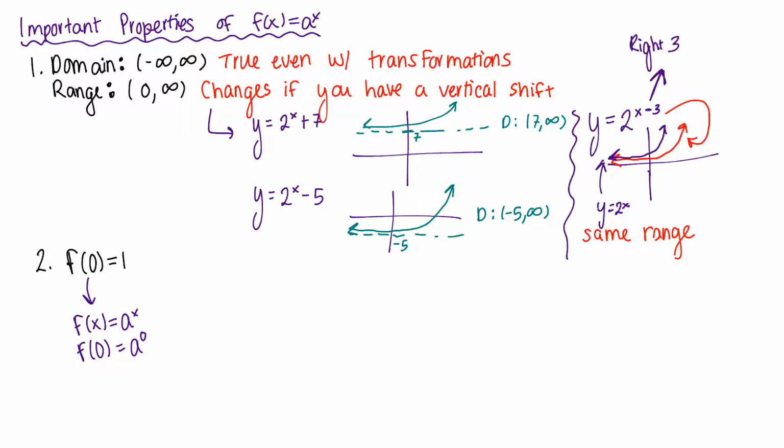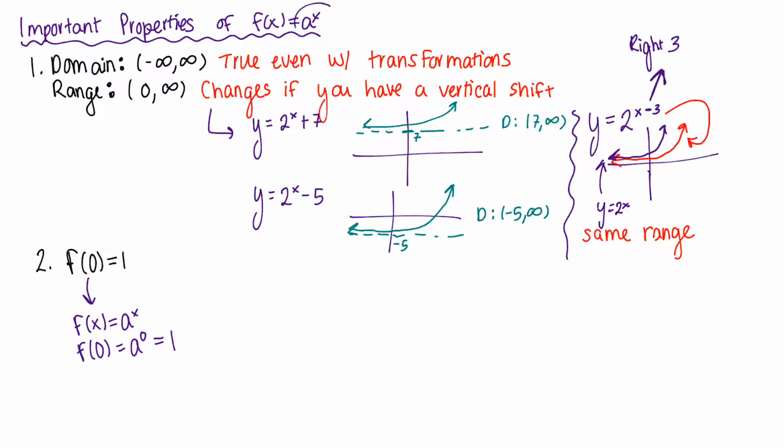Since a can't be 0, because 0 to the 0 is not a number, that's the only number that can't be raised to the 0, but we know a is not 0, so a is some positive number. Any number that's non-zero raised to the 0 is 1, so f of 0 is equal to 1. This is also telling us that the y-intercept is at 1.